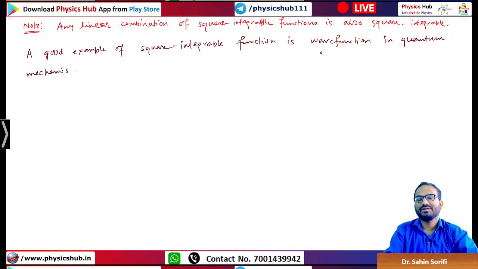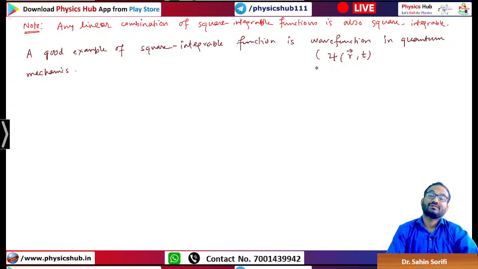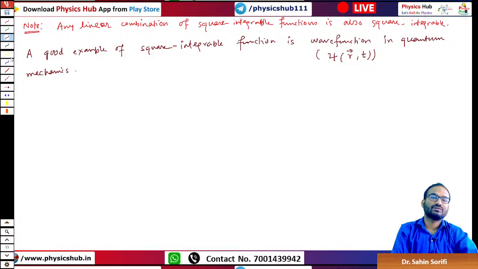How do we represent the wave function in 3 dimensions? Previously we represented it by psi of x, t, but for 3 dimensions it will be psi of r, t. This represents the probability amplitude.